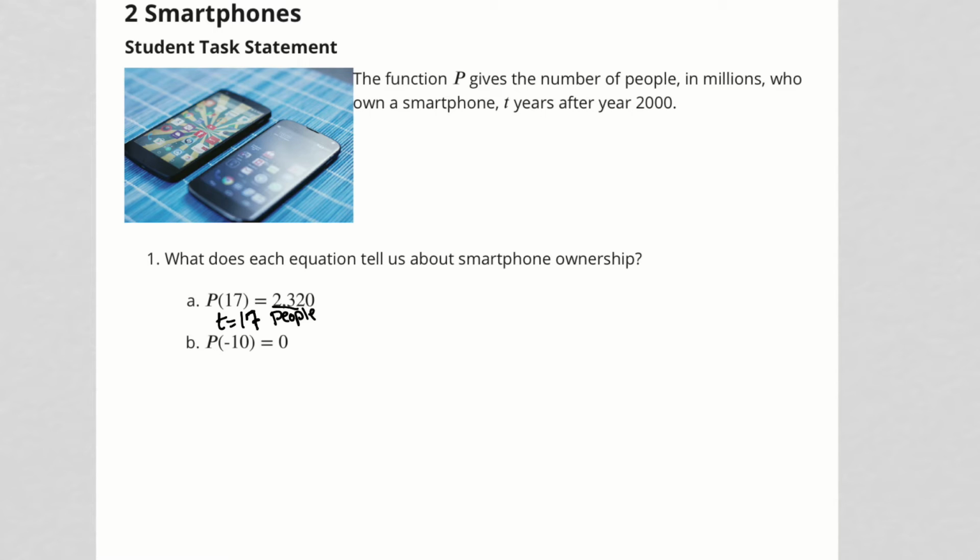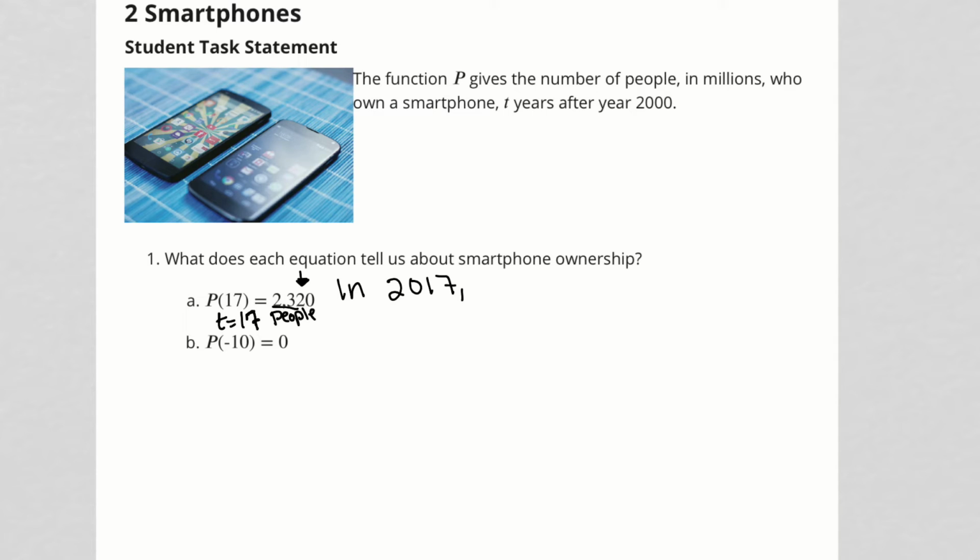So what year would we be talking about for 17? 2017. So in 2017, how many people, in millions? How many people does this number right here mean? We have thousands here, but that's supposed to be in millions.